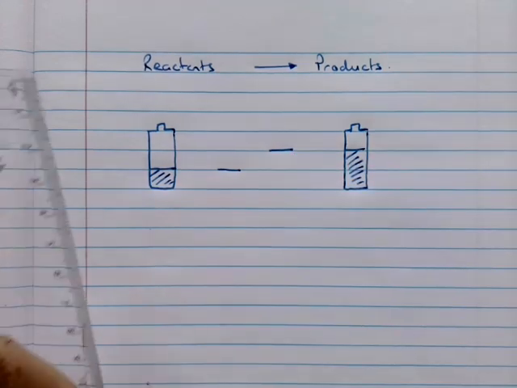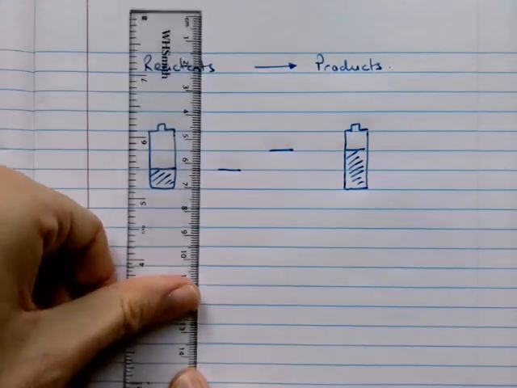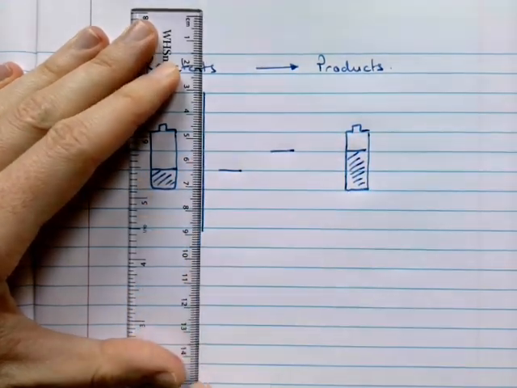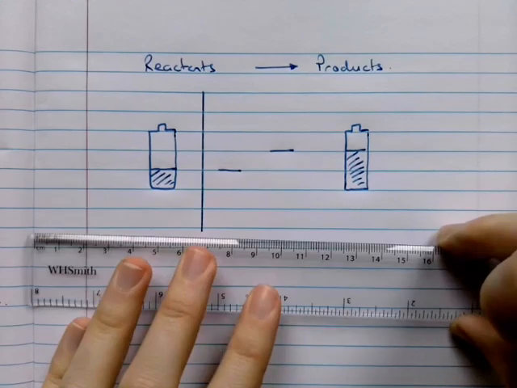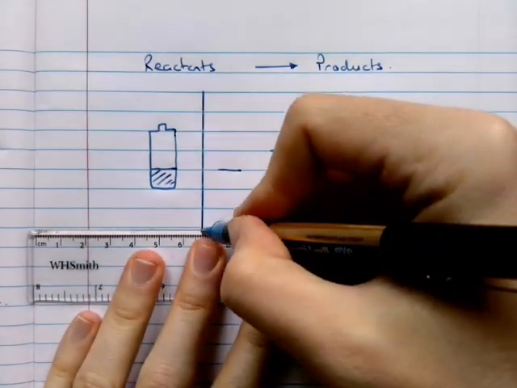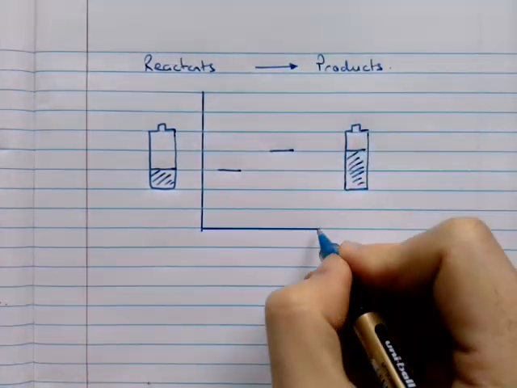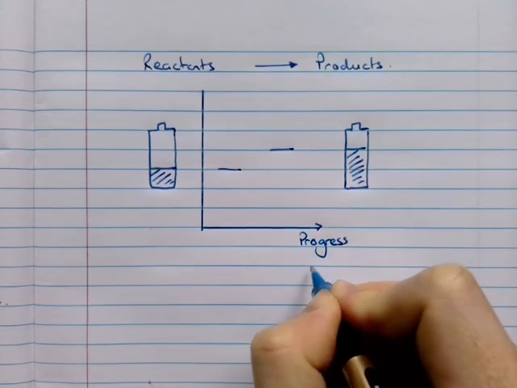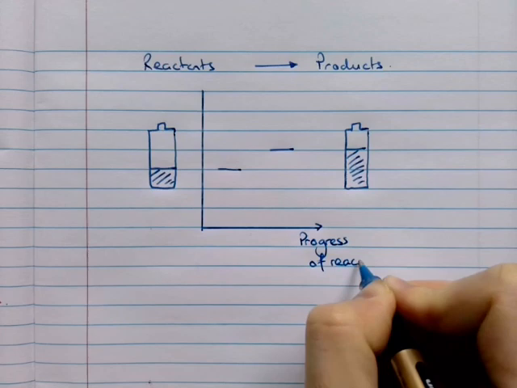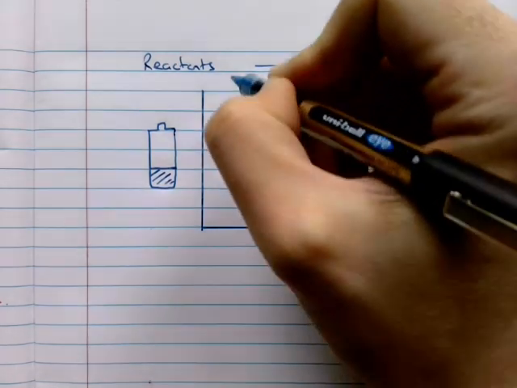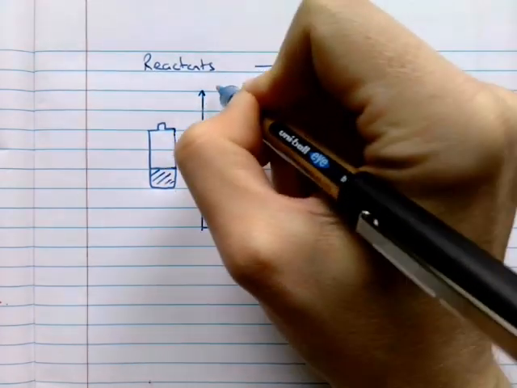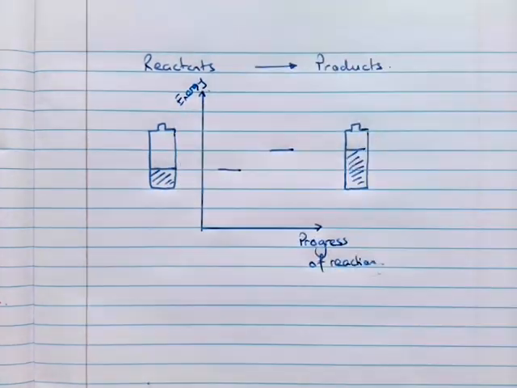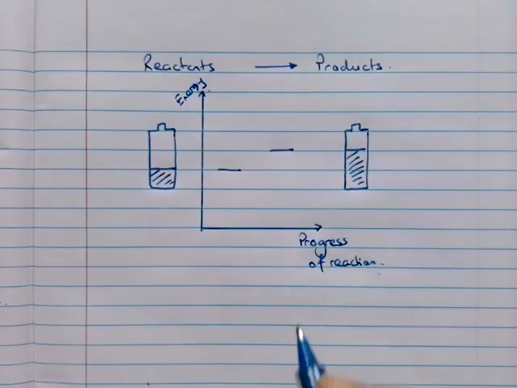So if I now do the same as I did before, and I draw a set of axes around these two values, which is the same as before, so this is the progress of reaction. And this is the amount of energy. Okay, and it looks the same.